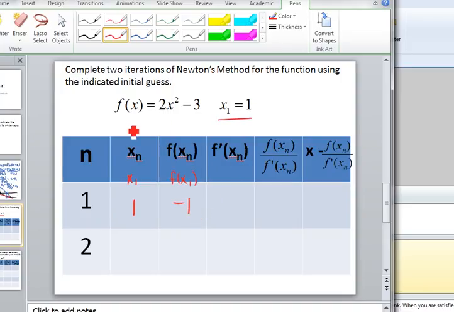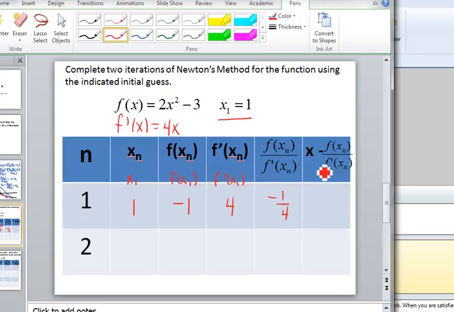Now it says find f prime. Well, I first need my derivative, so that's 4x. Find f prime of x sub 1, so that means I'm going to plug 1 in for my derivative, which gives me 4. Now it says divide those two values, so I get a negative 1/4.